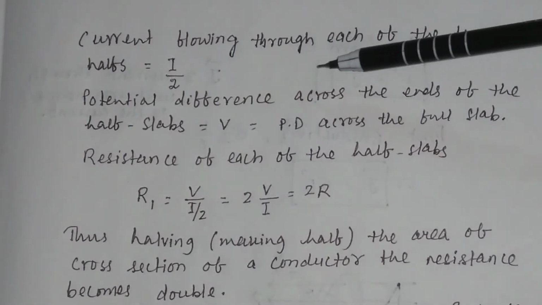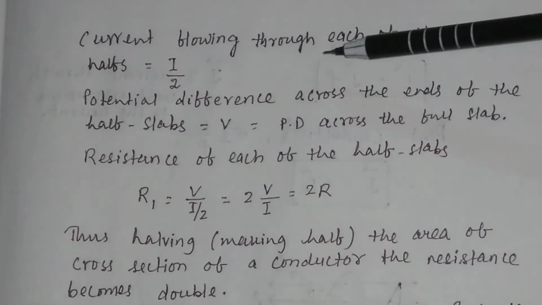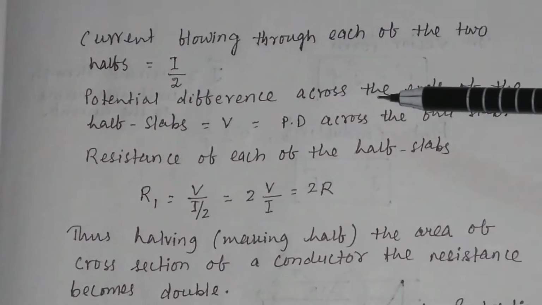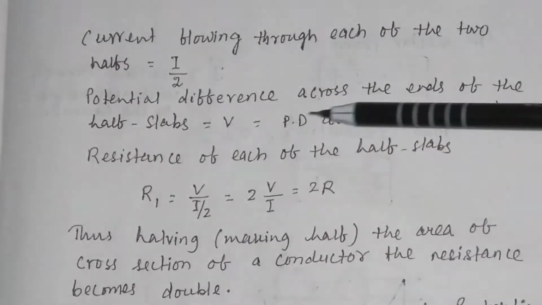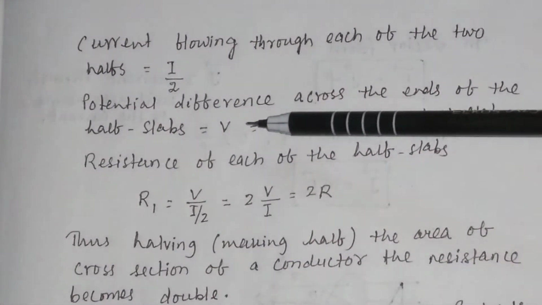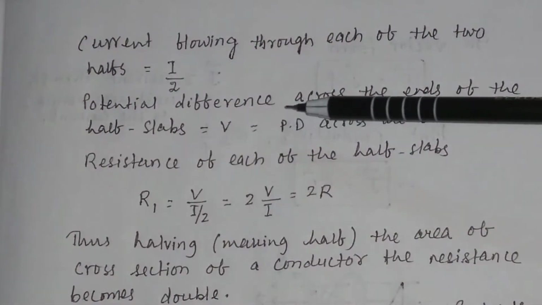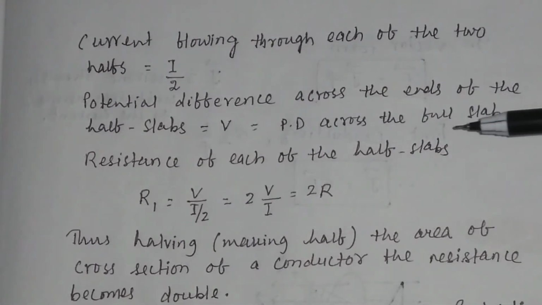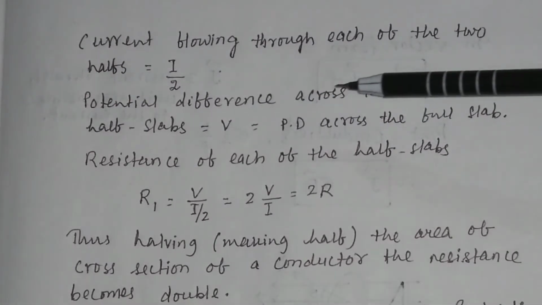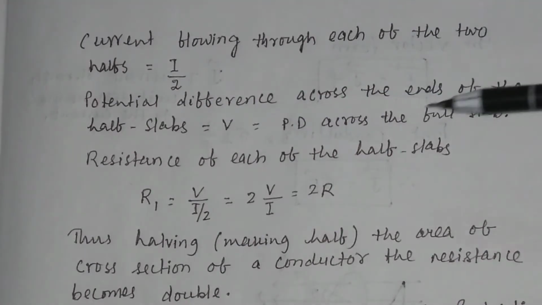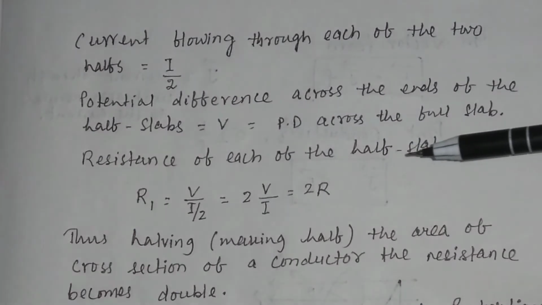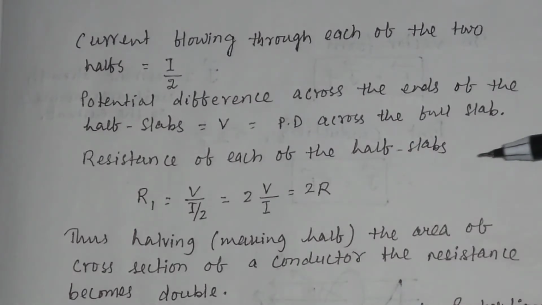So in each of the area A by 2, current will be I by 2, but the potential difference across the ends of the half slab will be equal to V. That is also equal to the potential difference across the full slab. So what will be the resistance of each of the half slabs?